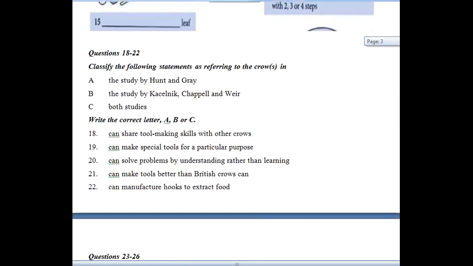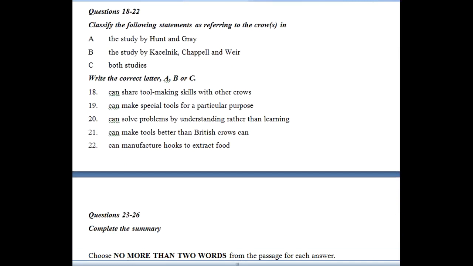But you will look at the other two types of questions and try to pick one key expression from each of them, so that you can get a hint if you come across these question types while doing the first question. So let's underline the keyword here: the study of Hunt and Gray. Wherever you get the name Hunt and Gray, perhaps that will mark the beginning of this question type.